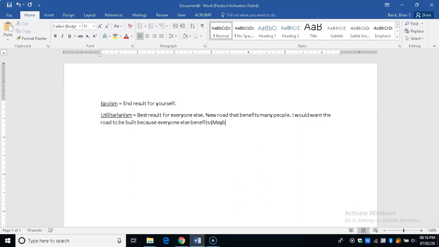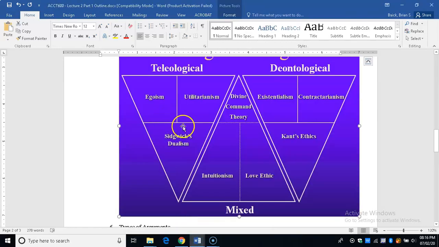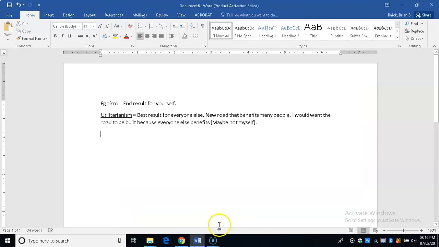Okay, and then of course maybe not myself because it goes through my house. But remember, utilitarianism is interested in everyone else getting a certain consequence or end result, right? Remember, teleological is about the end result. Okay, Sidgwick's dualism is where you want the best end result for yourself and for everyone else. Okay, so let's take a look at that.